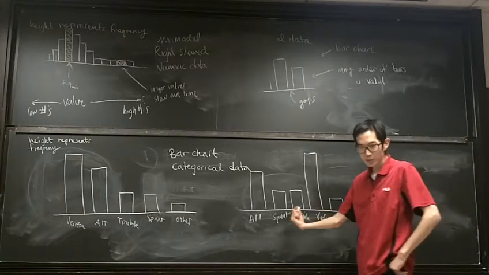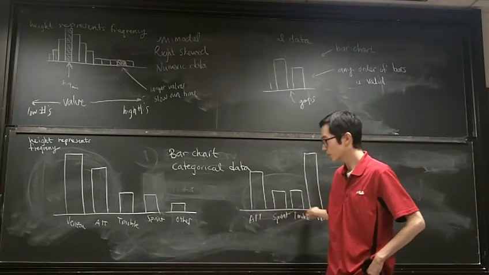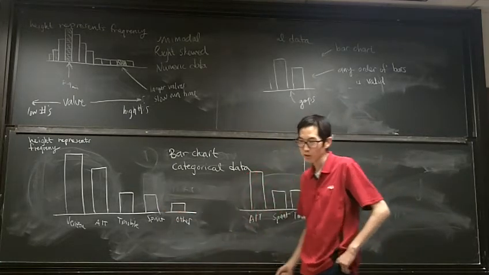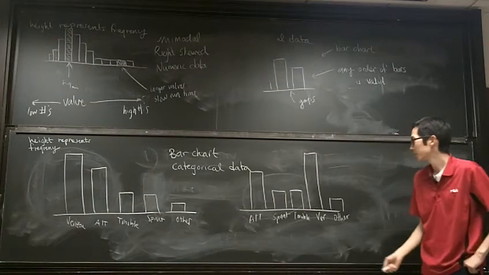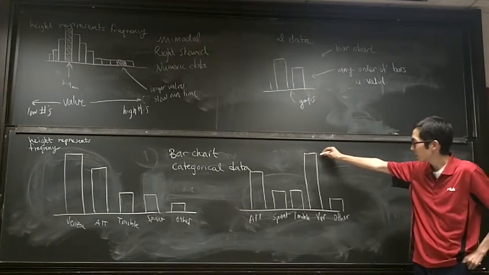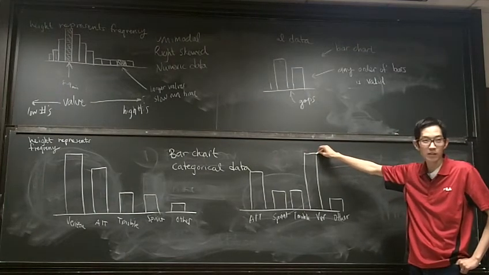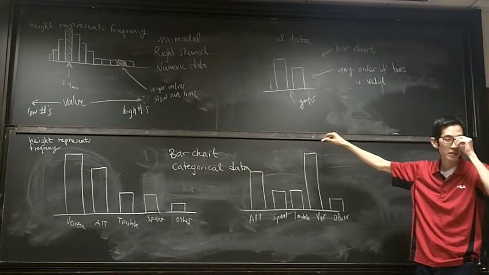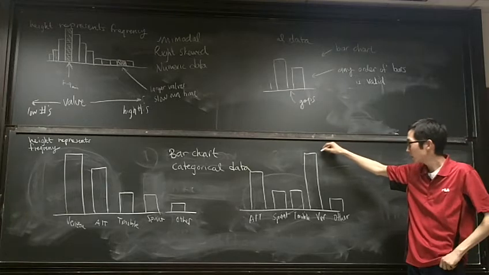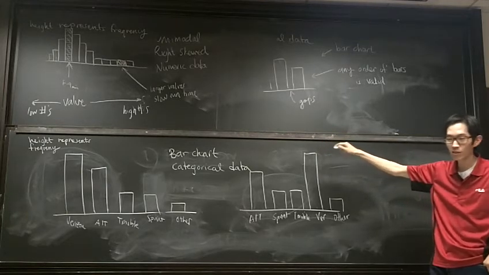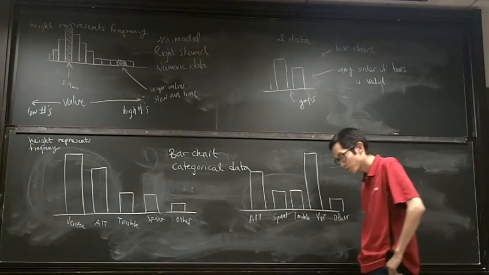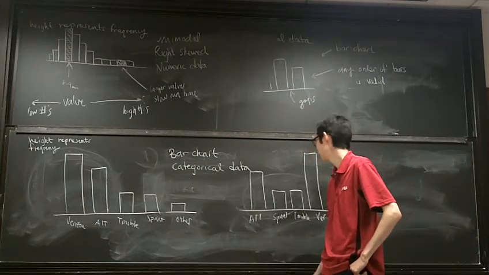And so these represent the same data, so you would not call this right skewed, and you would not call this right skewed either, okay? The order of the bars doesn't matter. What does it mean that this bar is the tallest? What does that mean? Go ahead. Highest frequency, okay? So this is our survey of who's your mobile service provider.